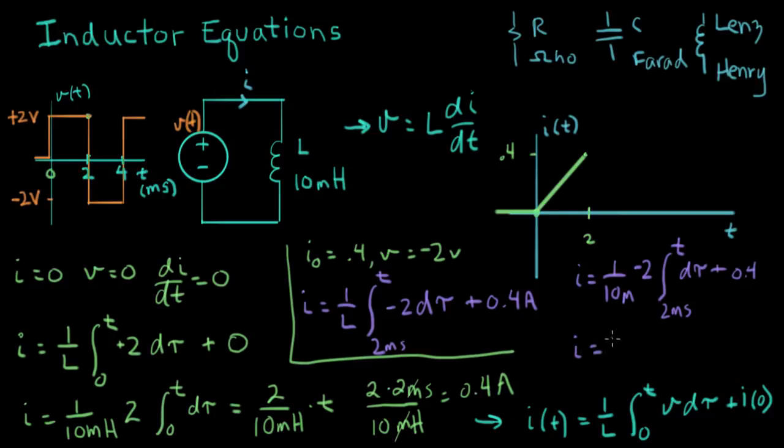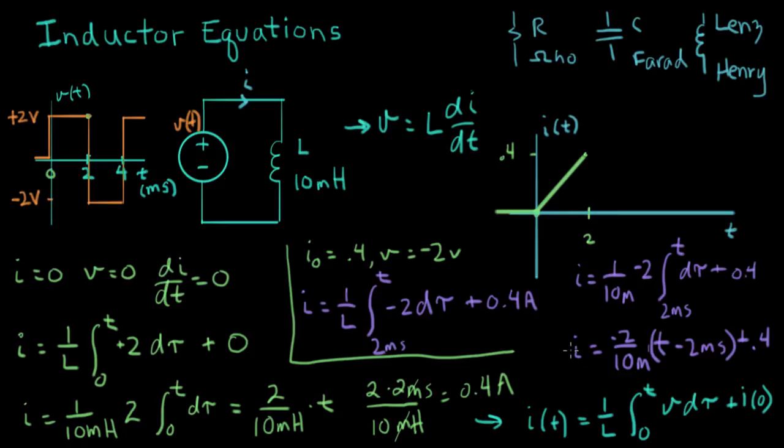I equals minus 2 over 10 millis times, what is this? It's t minus 2 milliseconds, plus 0.4.